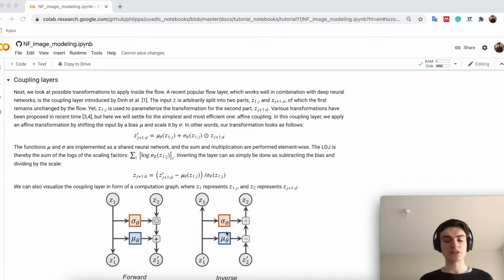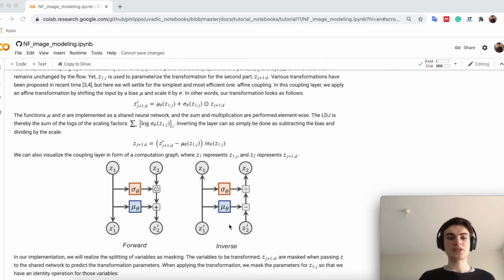While for our coupling layer, as we have a triangular matrix as the LDJ, we only have to consider the diagonal. Therefore our LDJ is very simple to calculate, namely just the sum of the log of our scalings. So the benefits of this coupling layer are: one, we can use arbitrarily strong neural networks in here. Two, we have an easy time doing the forward and inverse path. And three, we have an easy time calculating the LDJ.